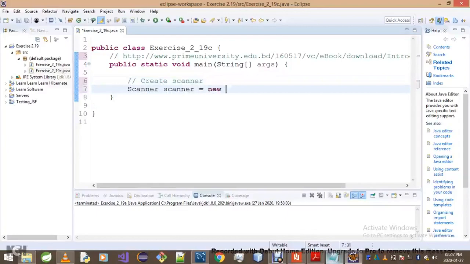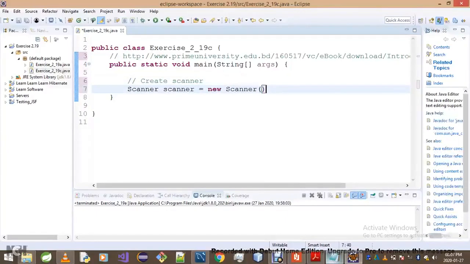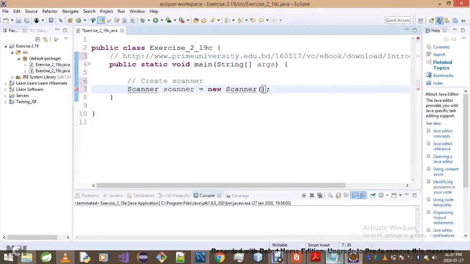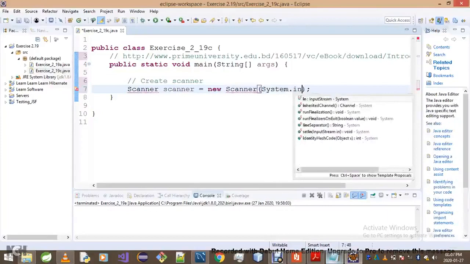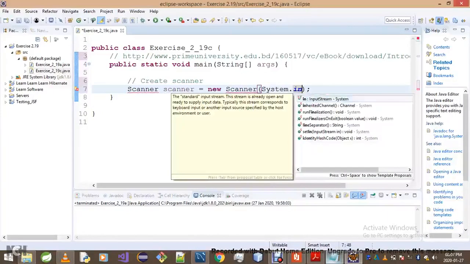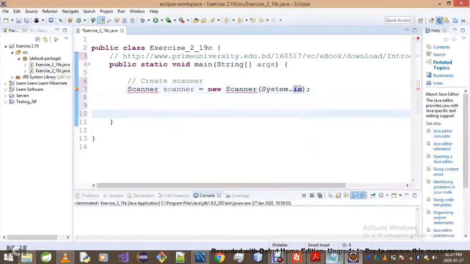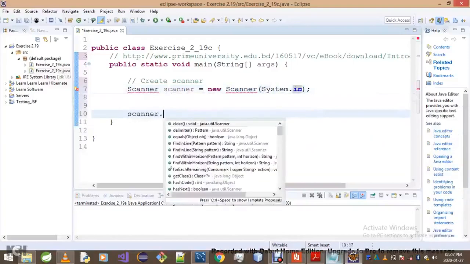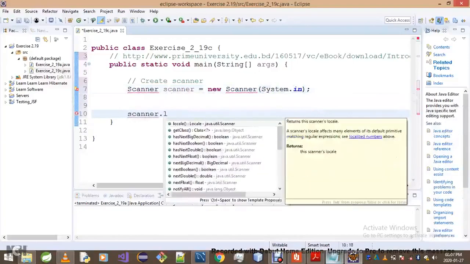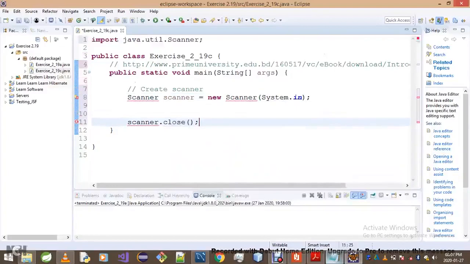However, one might go as far as to say there's absolutely no need to put a comment there. In fact, that is right. I'm just pointing out that putting a comment is special and important for someone who did not write the code. Okay, so we have to close our scanner.